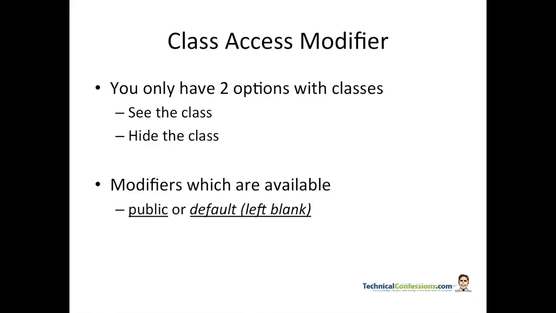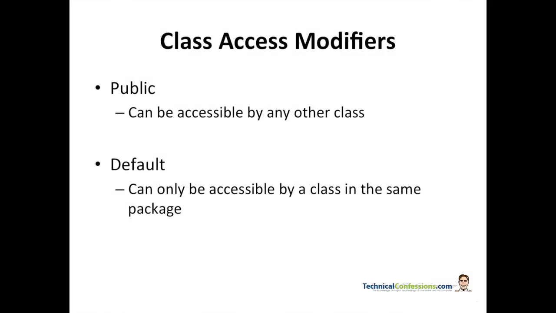Just to note, there are only two access modifiers you can apply at the class level. As I mentioned, public can be accessible by any other class, regardless of its package, or it can be left as default, which means it can only be accessed by a class within the same package.